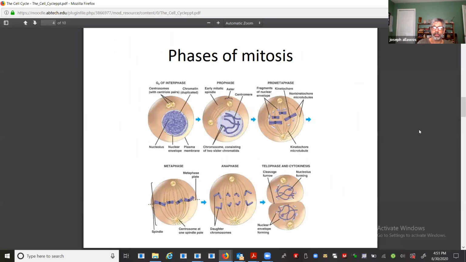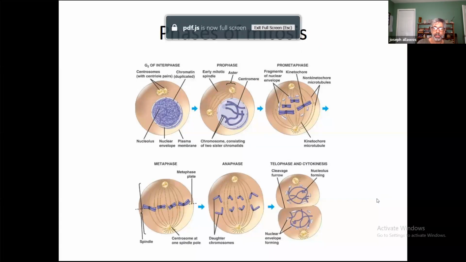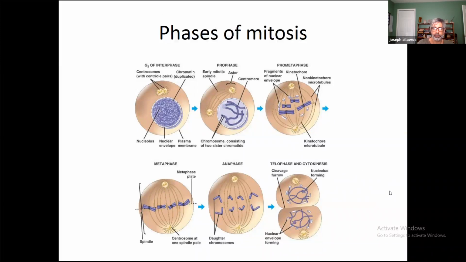Okay, so now we can look at this image and we can see here's interphase. The DNA is still in the form of chromatin. See the thread-like form? And there's prophase where the chromatin has condensed to form the chromosomes. The nuclear envelope is breaking down.